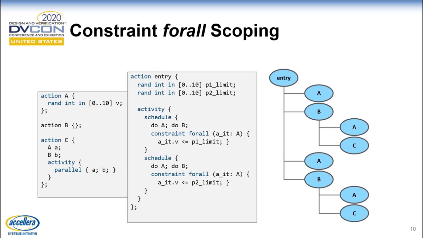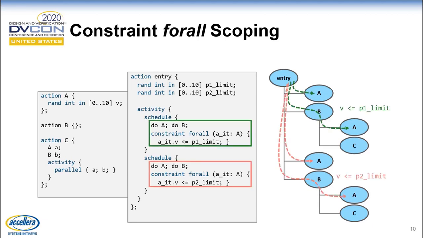And so because of this scoping property of the for all constraint, I can use the same building block in different ways, even within the same scenario, right? So on that subtree, I'm putting one limit. On that other subtree, I'm putting another limit, but only on the A actions, right? So this scoping is another key property that lets you pull in content and direct it for specific purposes overall and for specific parts of a scenario.